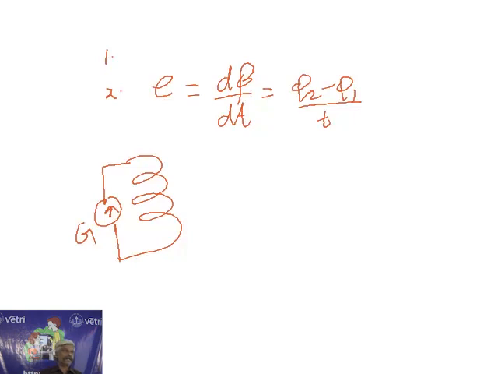If any current flows through the galvanometer, we can see the deflection of the needle, from which we can conclude that current is flowing through it. So he had a galvanometer connected to a particular coil.